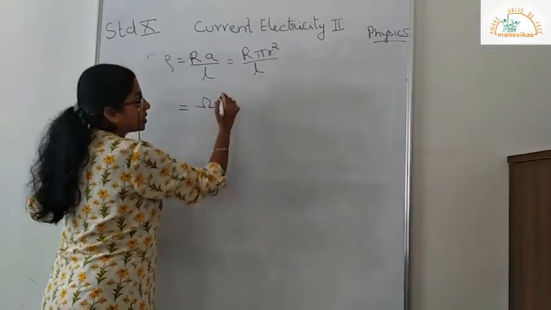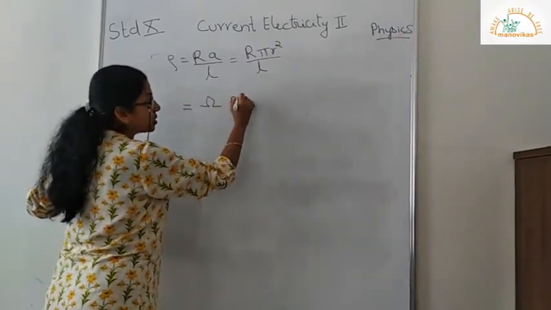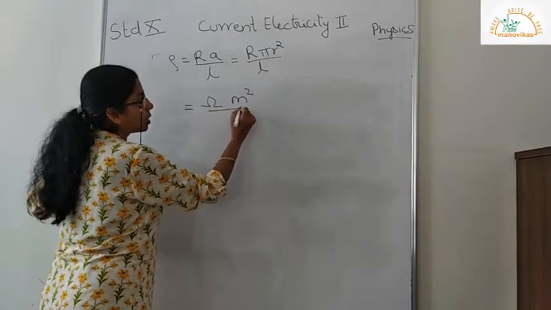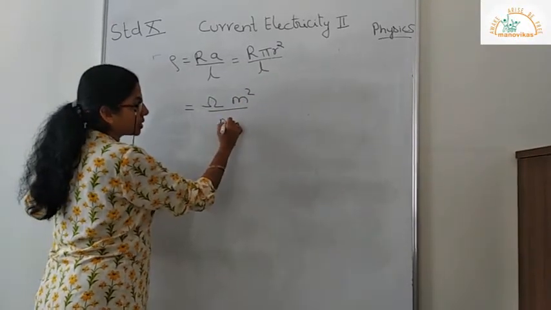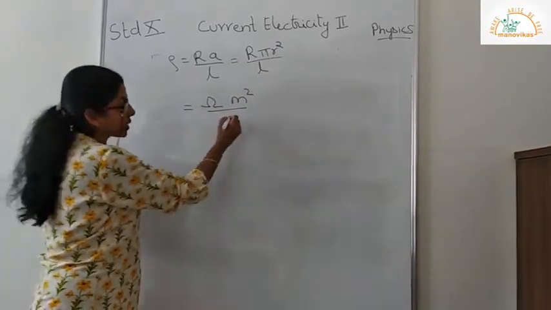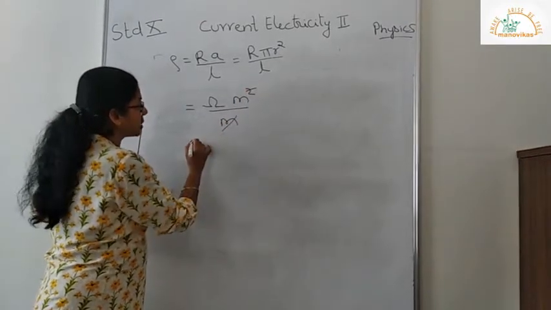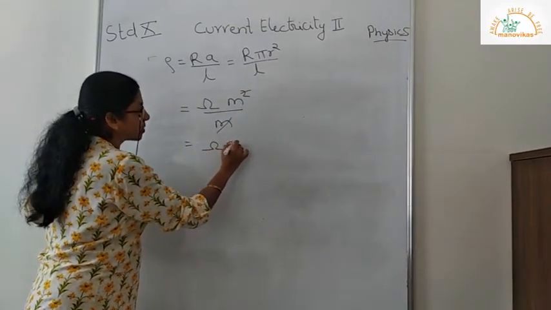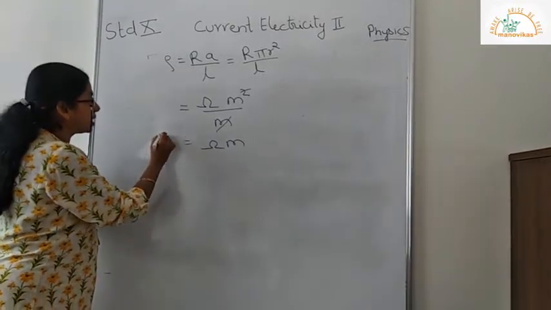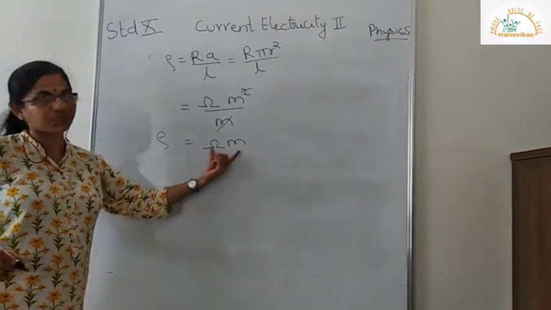The unit of r squared will be meter squared, upon length, which is again in meters. So I can cancel these, and I am going to get ohm meters. So the unit of resistivity is ohm meter.